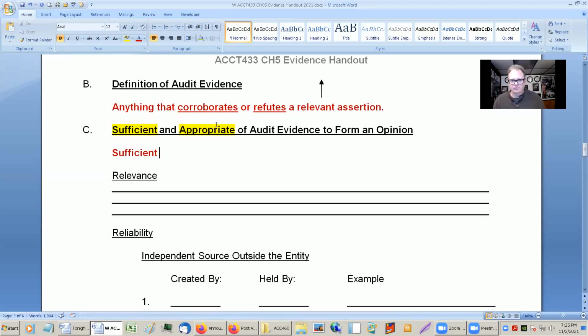It means do you have enough, right? For instance, if you have sufficient clothing to go outside, it means you're dressed warmly enough. So sufficient means do you have enough, and it's a quantity.